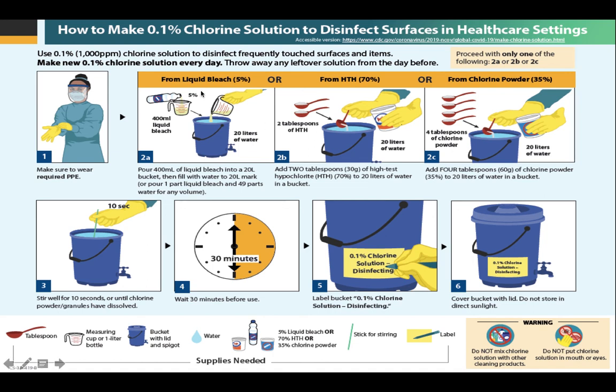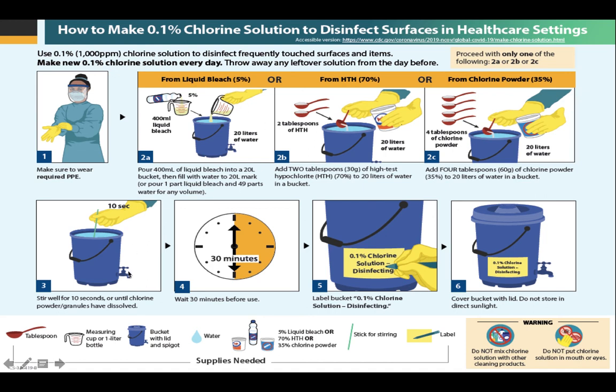For us in particular in the group home setting, we do not use buckets, but we do have spray bottles. So you could utilize a spray bottle to disinfect the home.